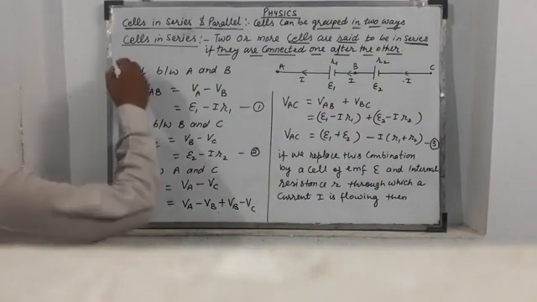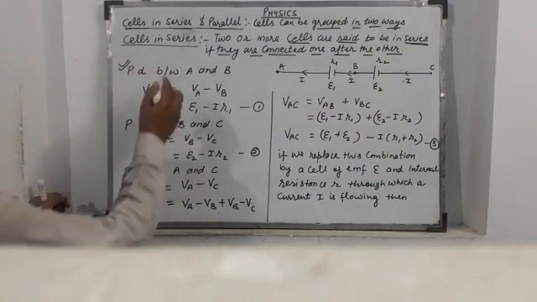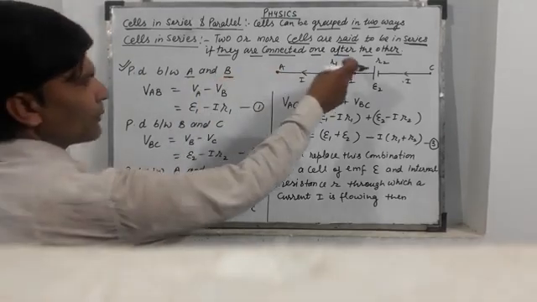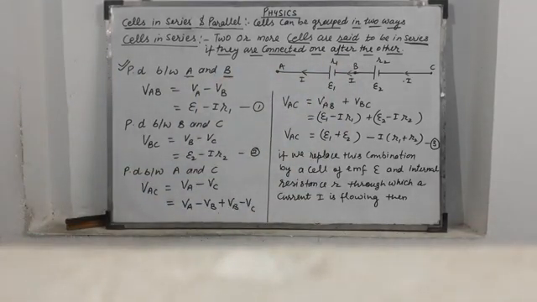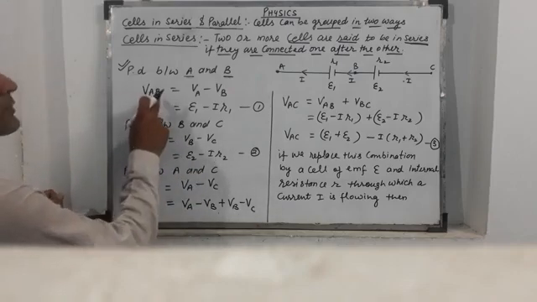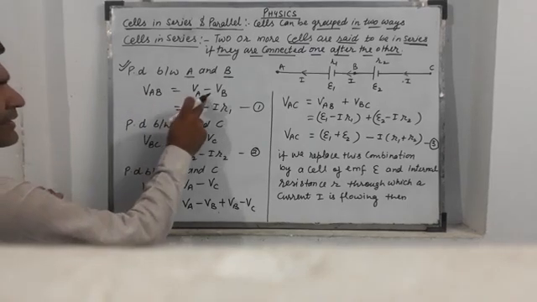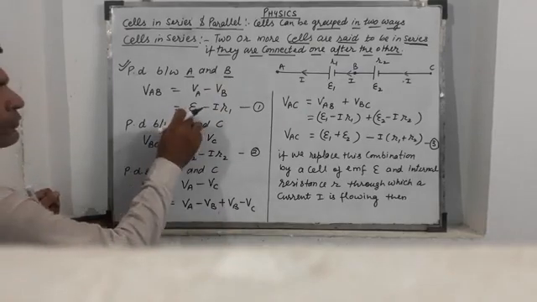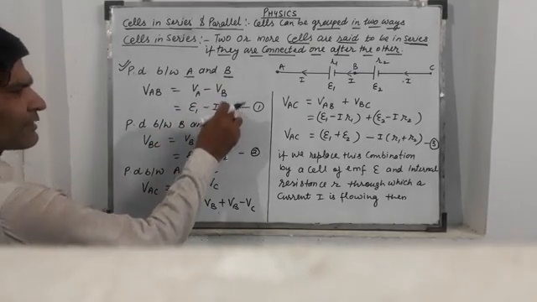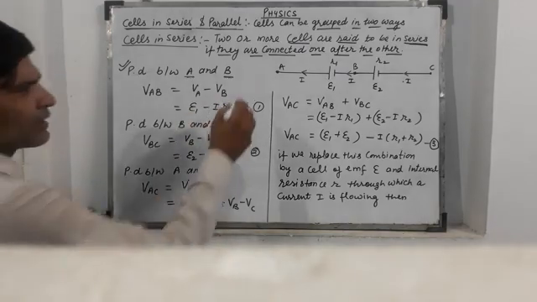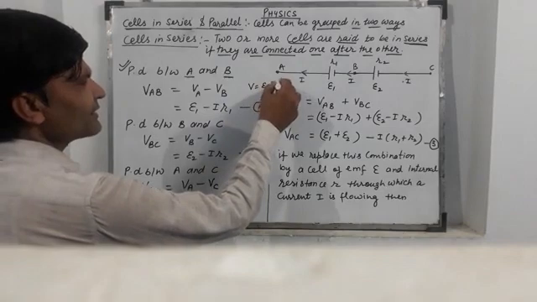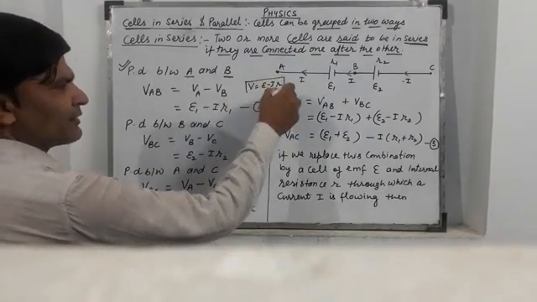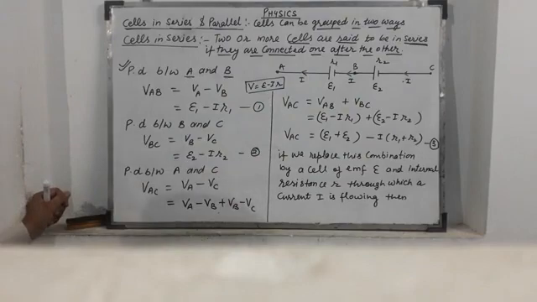The potential difference between A and B is the terminal potential difference. So VAB is equal to VA minus VB, and that is equal to E1 minus IR1, because we know the formula V is equal to E minus IR, the relation between terminal potential difference and EMF of a cell.